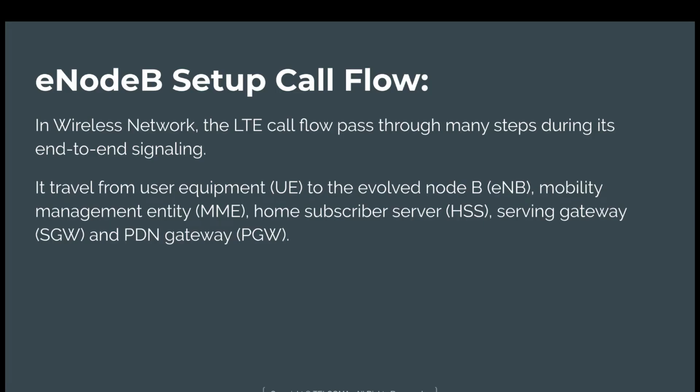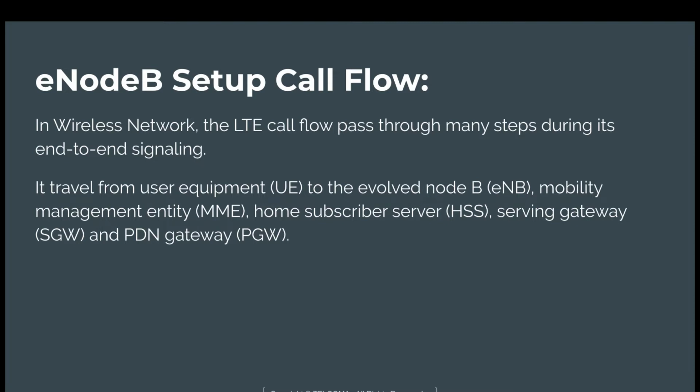We know that in a wireless network the LTE call flow passes through many steps during its end-to-end signaling. It travels from user equipment to the evolved Node B, then to the mobility management entity, that is MME, then to the HSS, that is home subscriber server, then to the serving gateway, SGW, and then to the PDN gateway, that is the PGW.